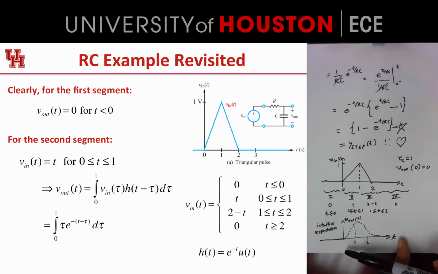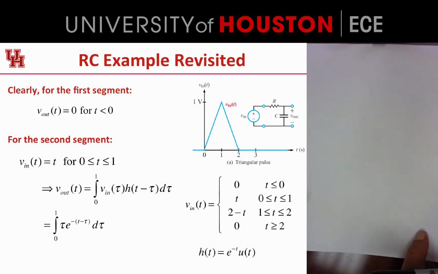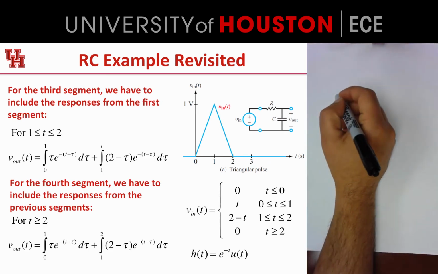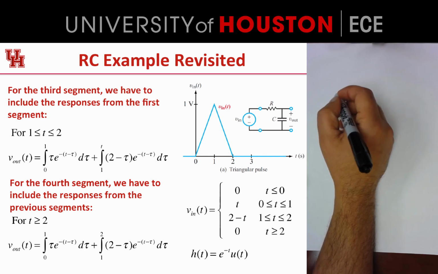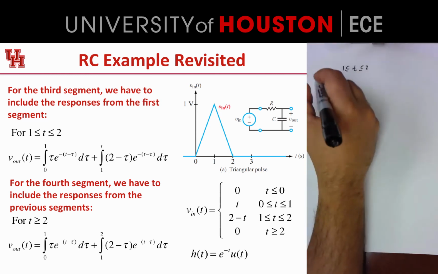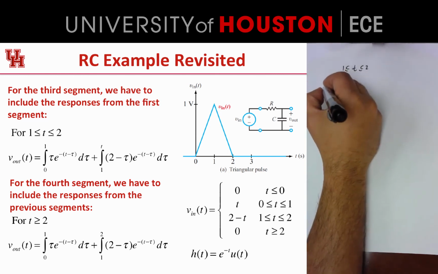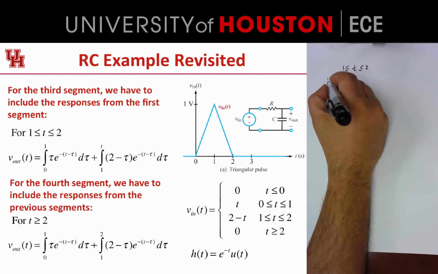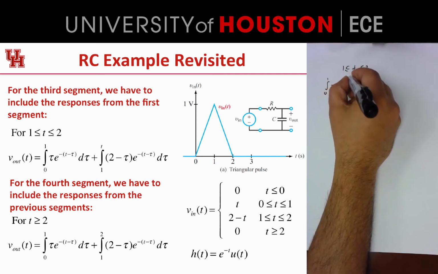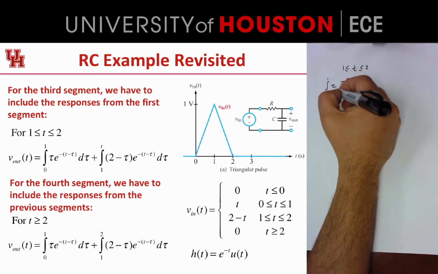Okay, so let's load a fresh sheet of paper. For time t between 0 and 1, the output voltage is going to be the integral from 0 to t of tau, because it's a ramp, times e to the minus (t minus tau). That's our h of t.